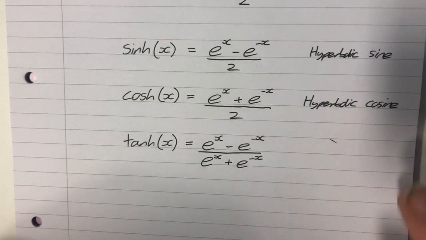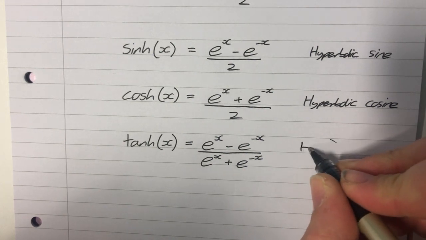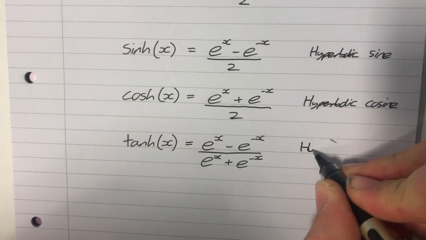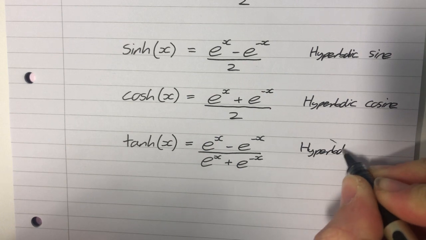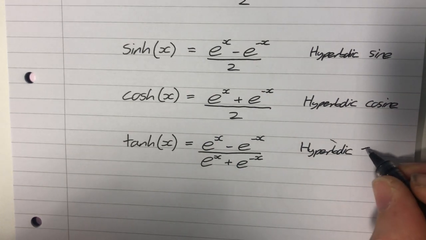Okay, that is the exponential definition of than or tanch. It's referred to as the hyperbolic tangent function.